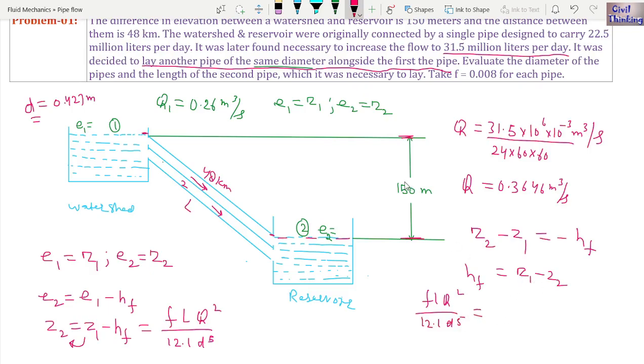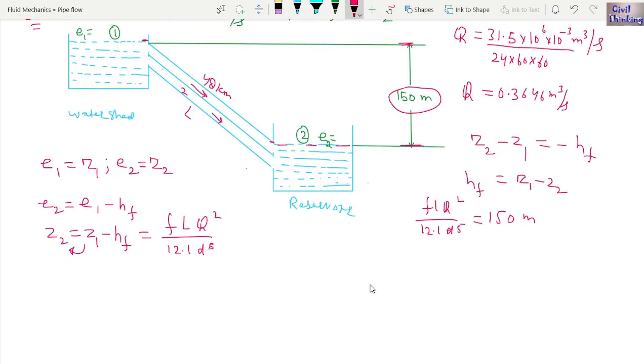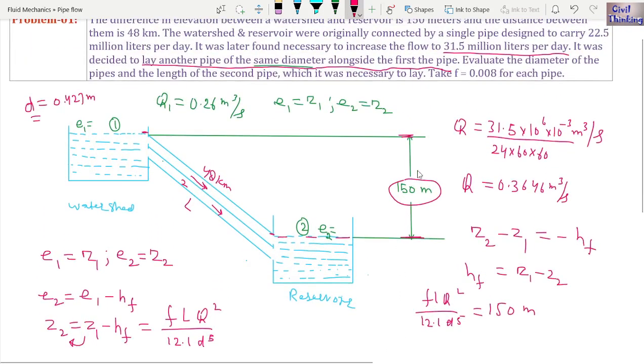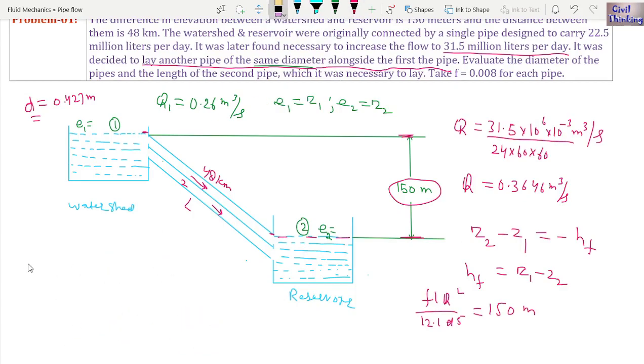Z1 minus Z2 is 150 meters, as we found before. Now F is what? 0.008, right? As it's here.